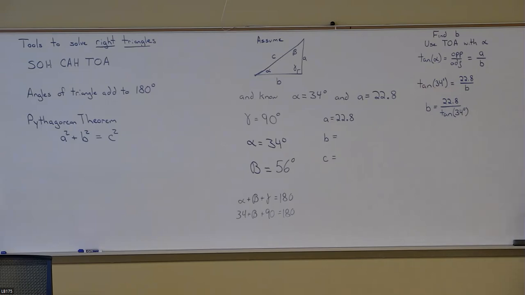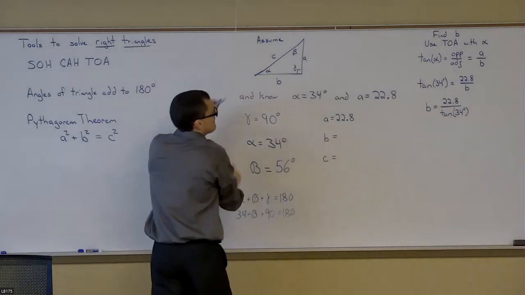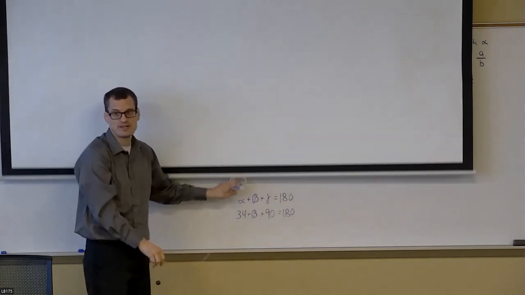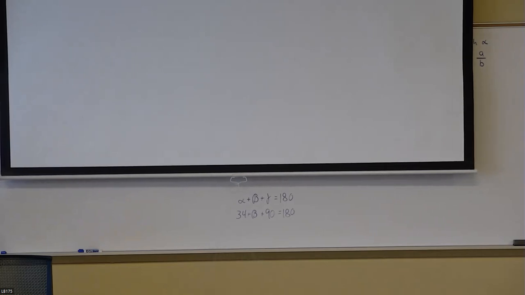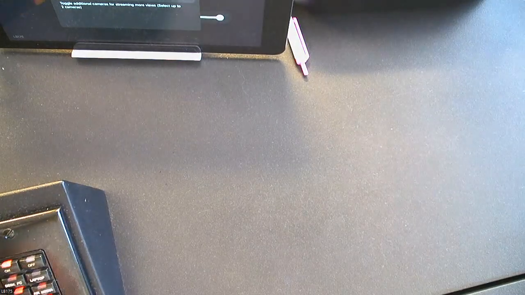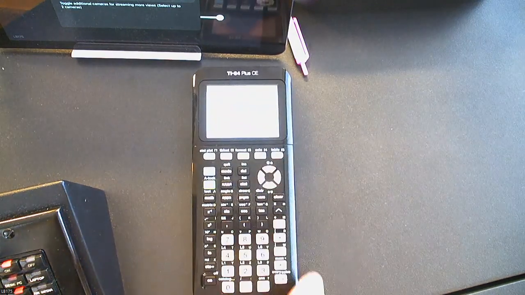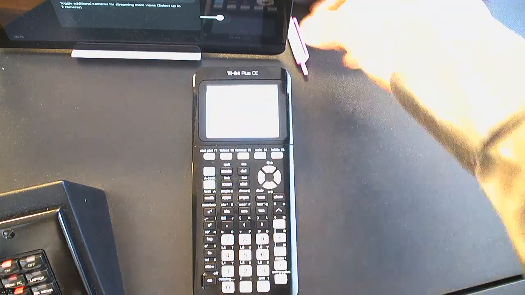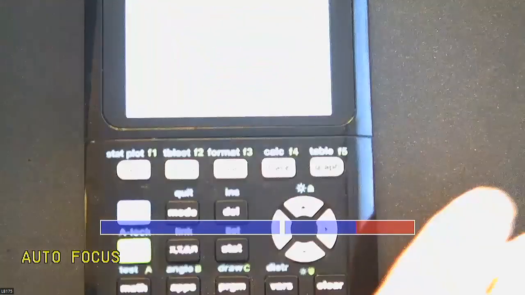Whatever that is. Now be very careful on your calculator, because so far we've been doing everything in radian mode, and then because we've been dealing with triangles the last 30 minutes to an hour, now we're using degrees.